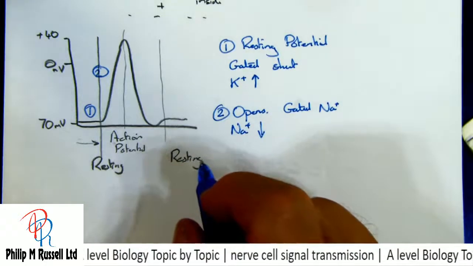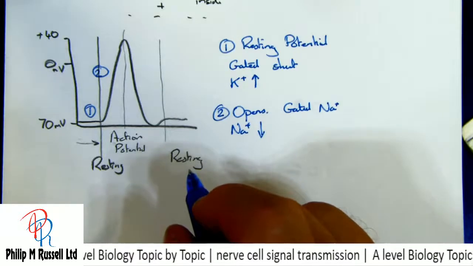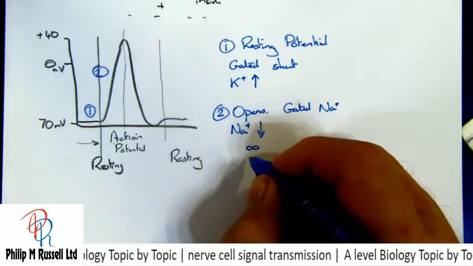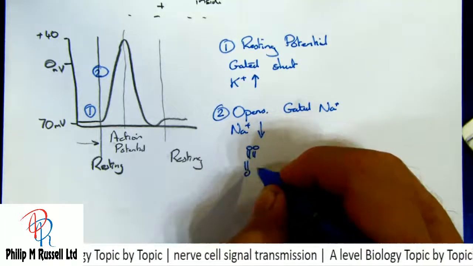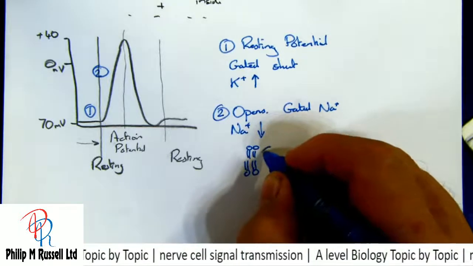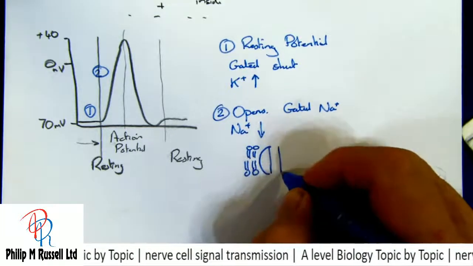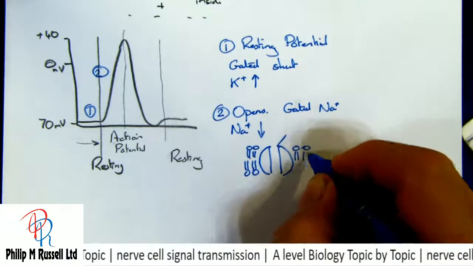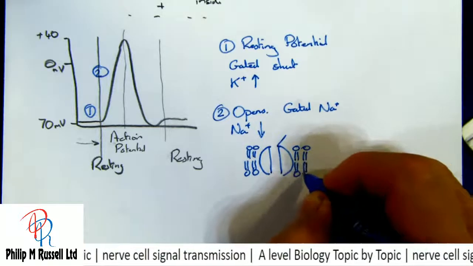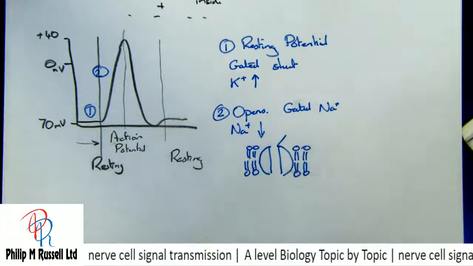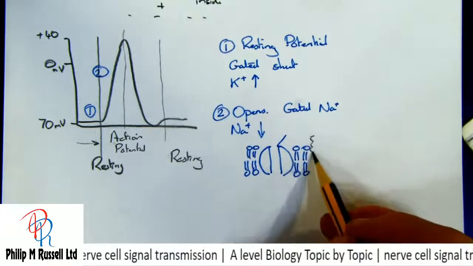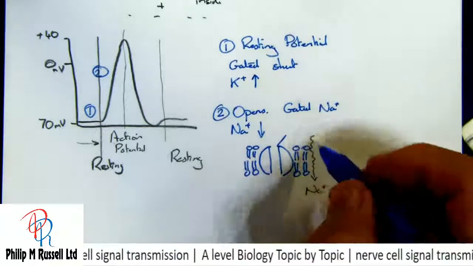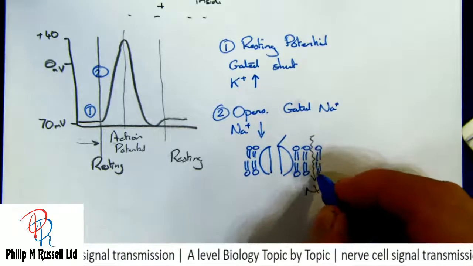As well as doing this, the membrane becomes more permeable to sodium ions. So as well as my gated protein having opened up, my gate's opened if you like, somehow this membrane has also changed, and sodium ions can flood in through this membrane.